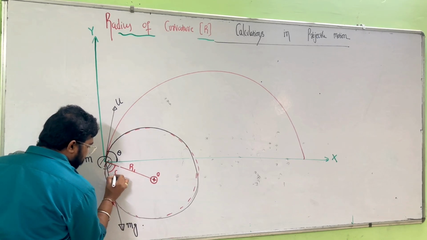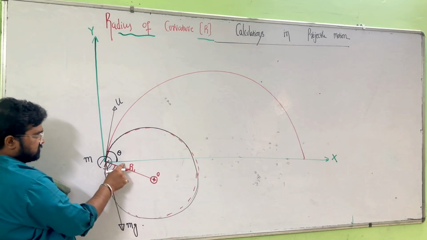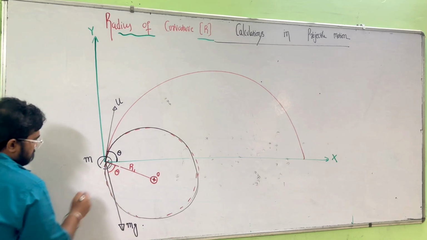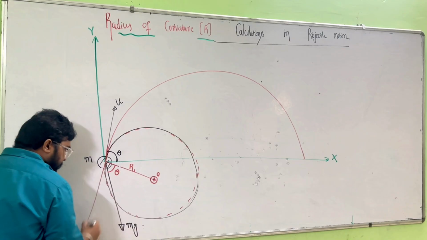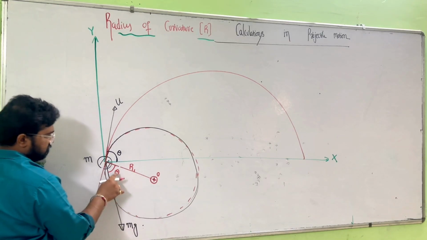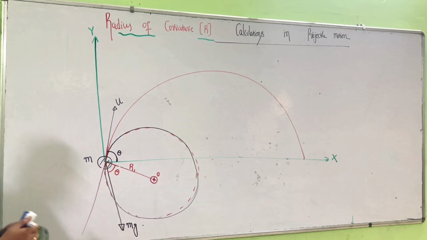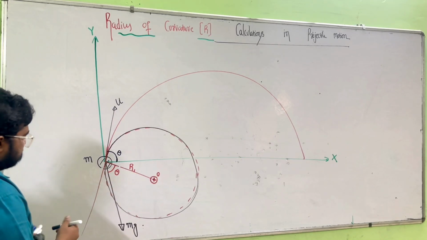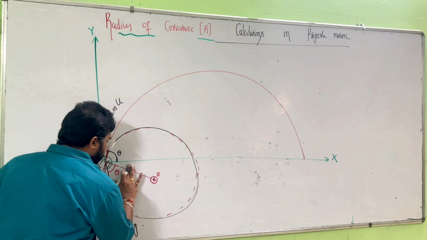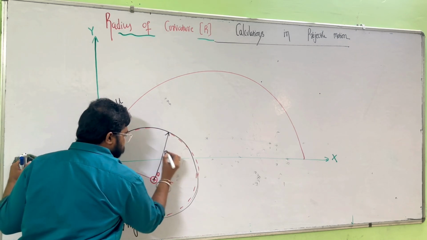Correct or not? Then 90 minus theta and theta together make 90. Along this direction we get mg cos theta. This is the radius of curvature.